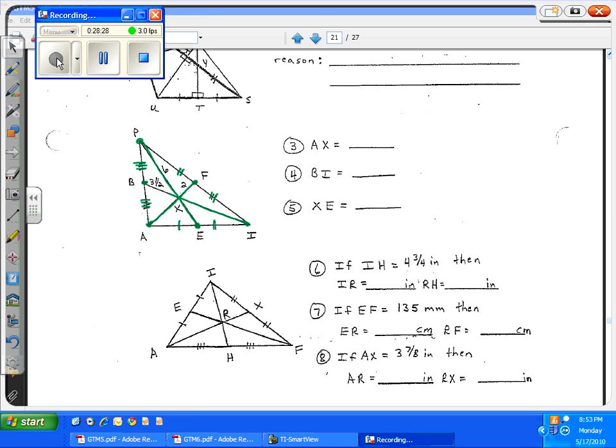The medians of a triangle intersect at a point, meaning that they are concurrent. That point is 2/3 of the distance from the vertex to the midpoint of the opposite side, meaning that it makes one piece twice the other piece.